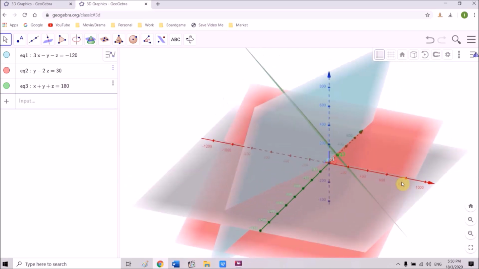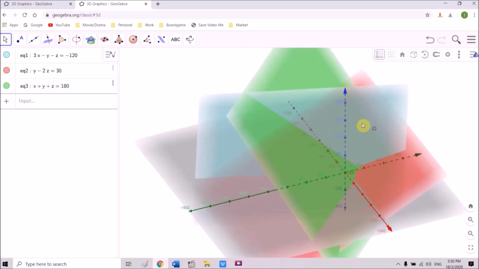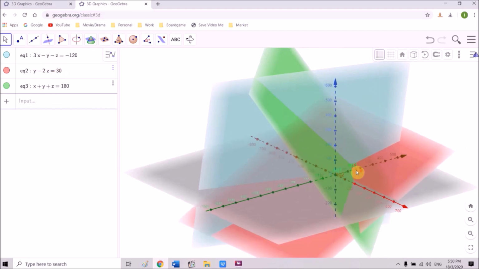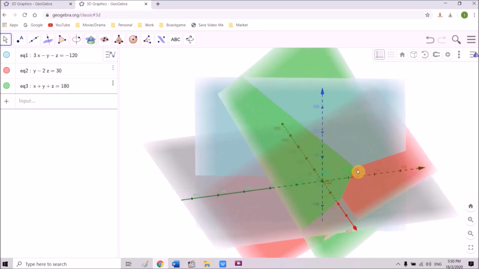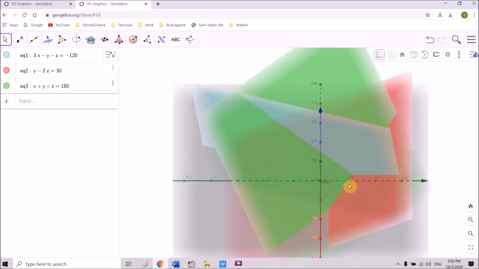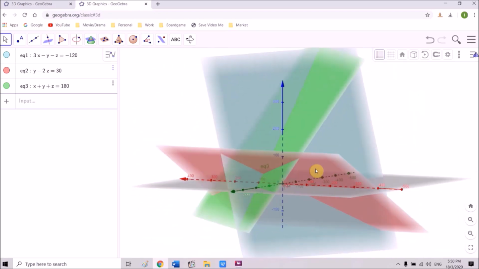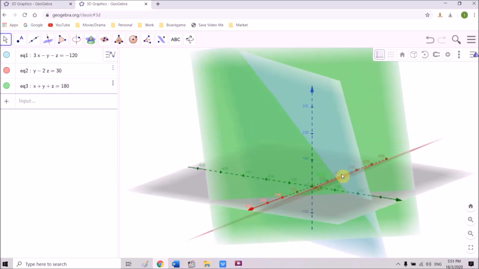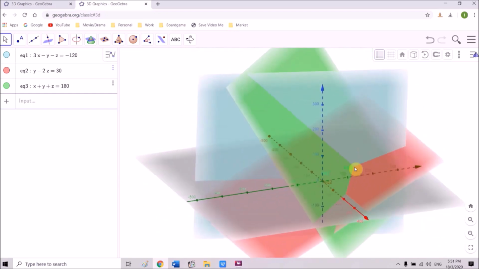And you will notice that these three planes, the blue, red, and green, which represent these three equations, will intersect at one point, this point here. The blue, green, and red will intersect at this point. Okay, I turn it around so you can see that all three of these planes pass through this point.